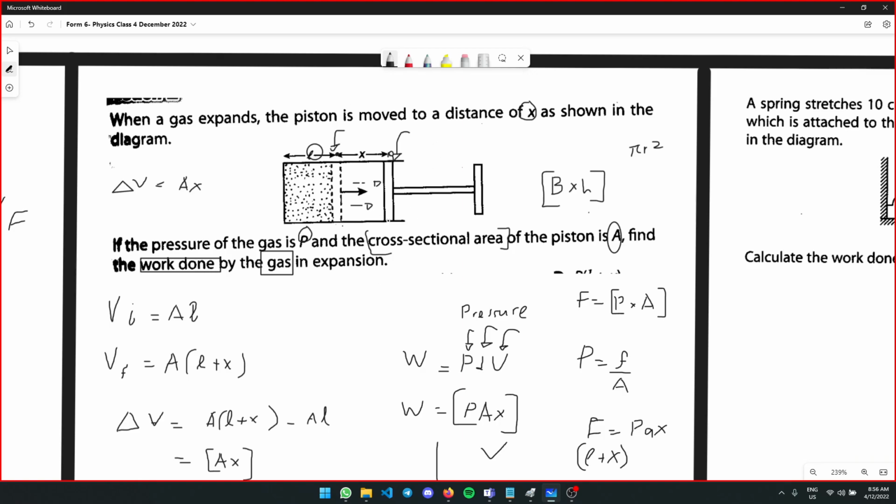Maybe before that, work was put in on the gas. For example, maybe they squeezed it first, and the energy was stored, and then the work was done by the gas. We don't know those conditions yet. All we know is it expands and moves a distance of X. That is all the question gives us.